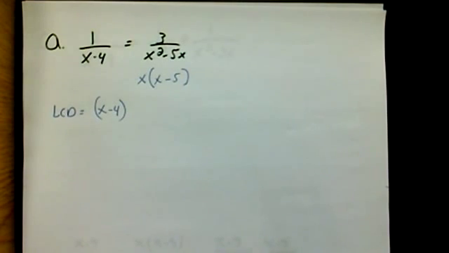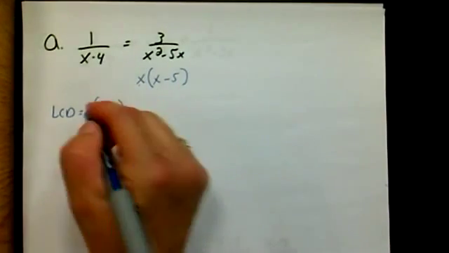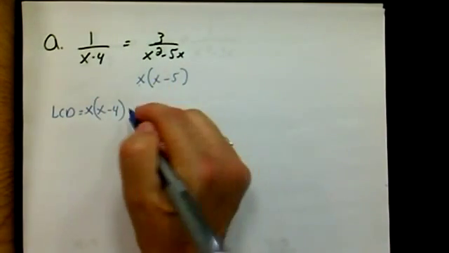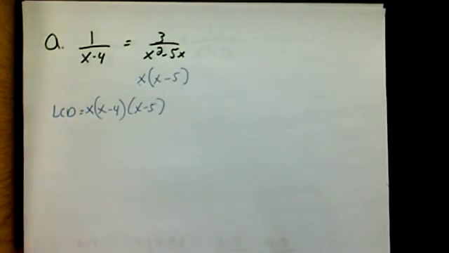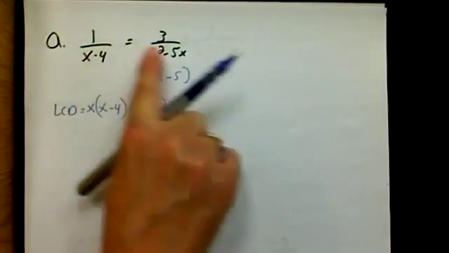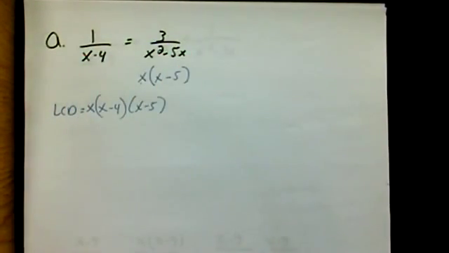So what am I missing from the second part? I'm missing x, right? Because I need an x. And I'm missing x minus 5. So I've got a lot of stuff that I need to put in that problem. Now I'm going to take this LCD and multiply it by each of these up above.